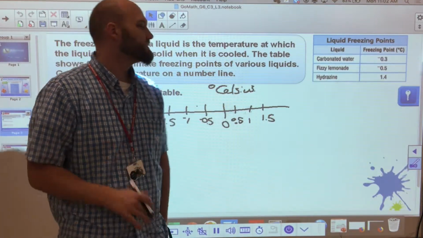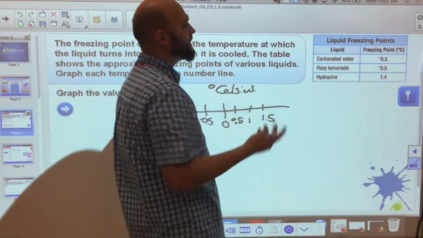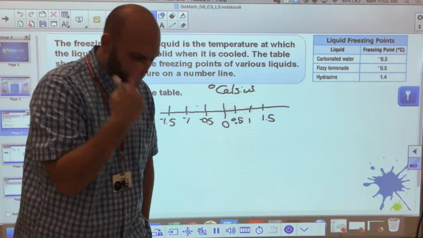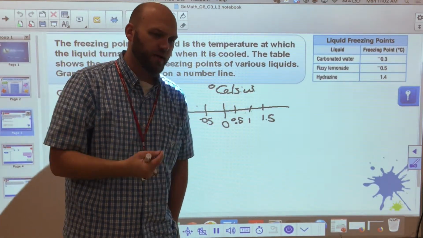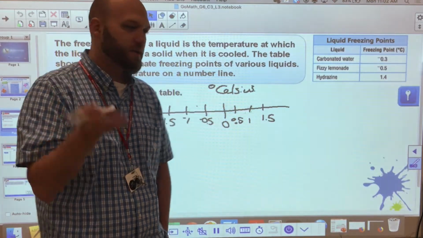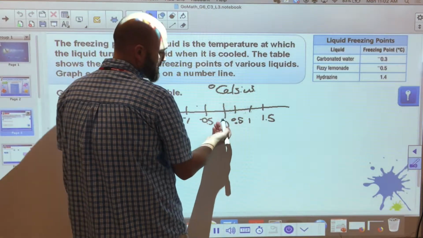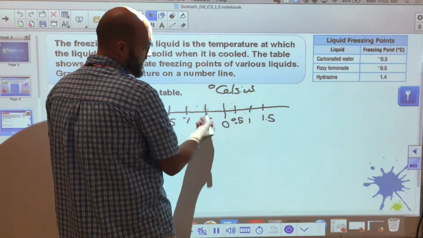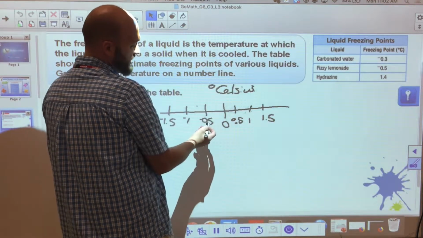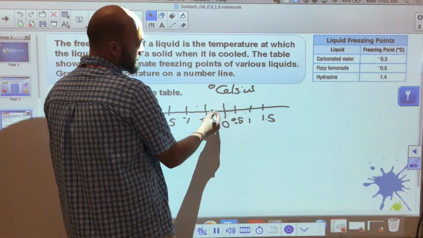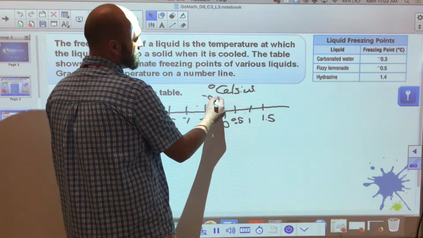This is just a rough estimate here. So carbonated water, -0.3. So 0.3 is between 0 and 1. So -0.3 will be between 0 and -1. And I know that it's actually even in between -0.5, so it's going to be somewhere right around here, -0.3.